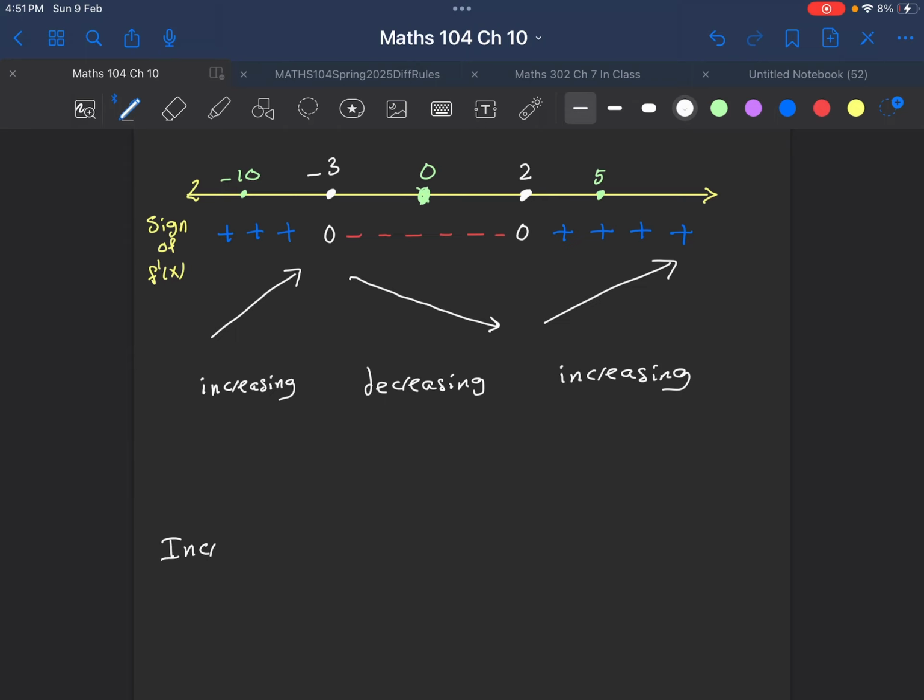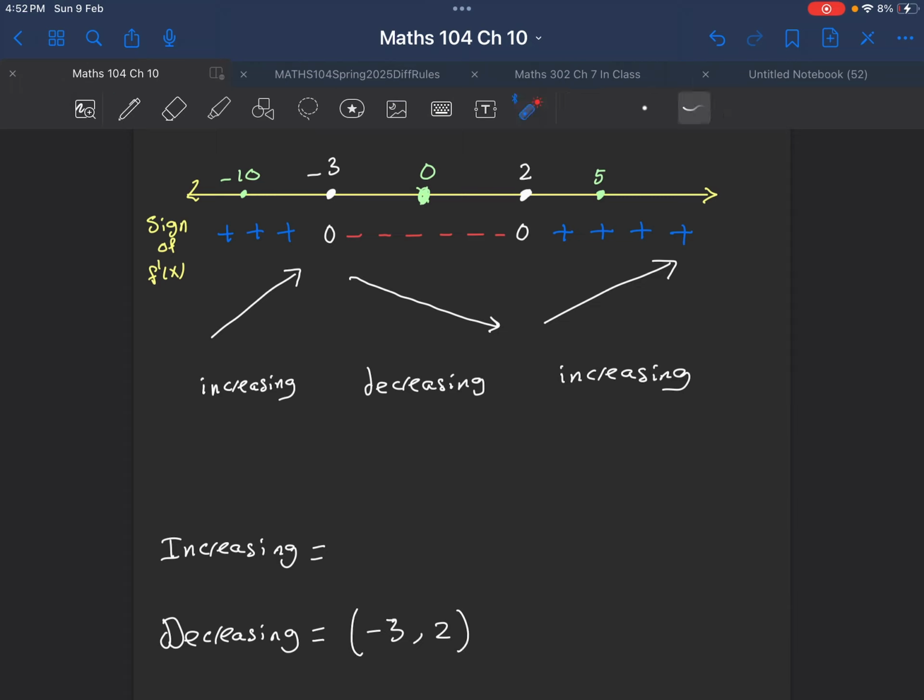So, as a final answer, where the function is increasing, we need to write it as an interval, and where the function is decreasing, you need to write it as an interval. Let me start with the decreasing one. The decreasing one is only this area here, which means from -3 to 2. So you just write -3 to 2, and you always keep it open.